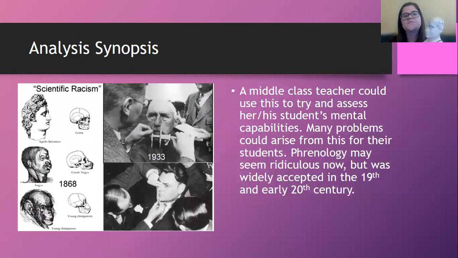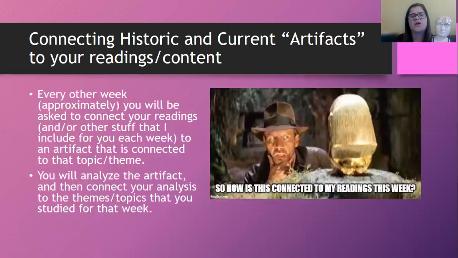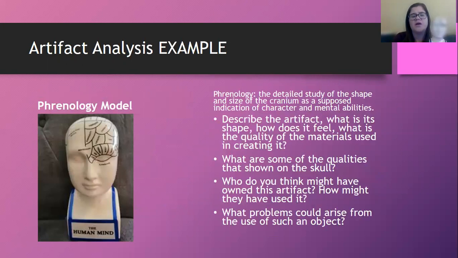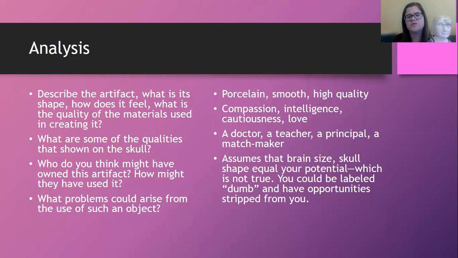All right, so this is my synopsis. Going through the steps, remember we had my artifact. I gave you a set of questions just like I gave you this week. So you then answer those questions, which is what I did, and now I'm making a synopsis of it. And this is just for me.